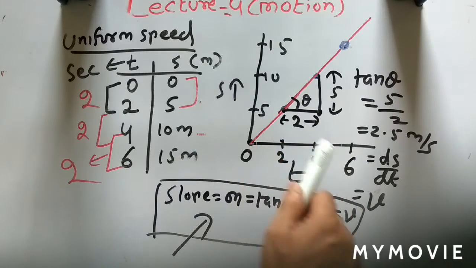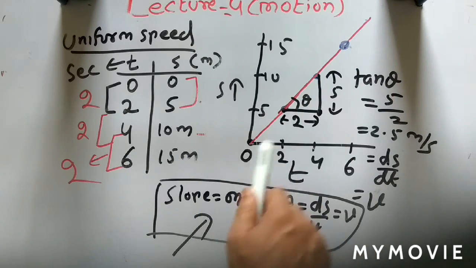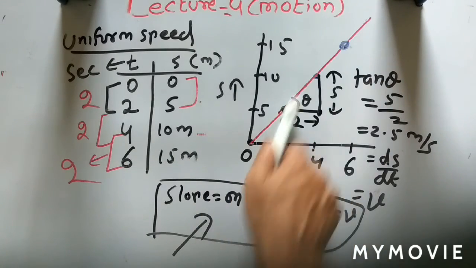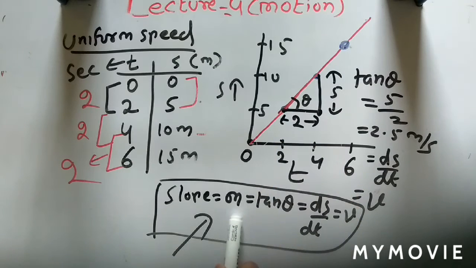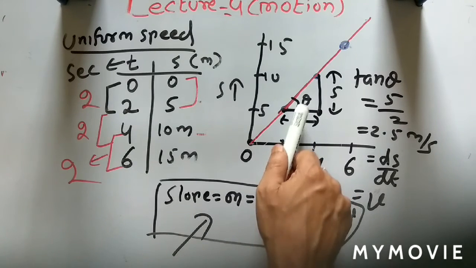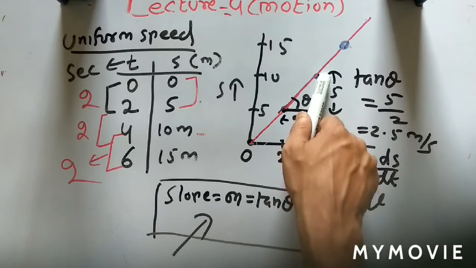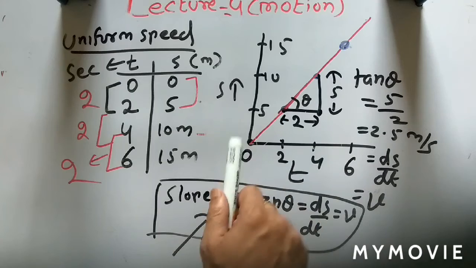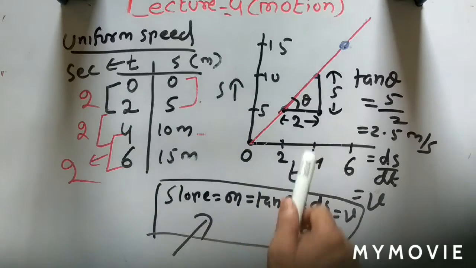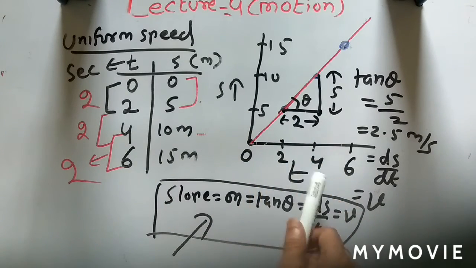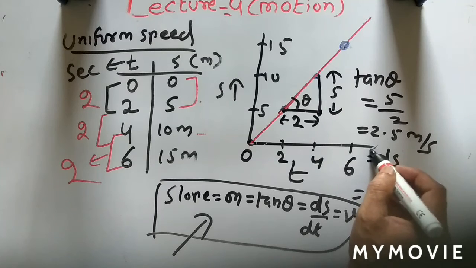So this is the distance-time characteristic. Measure the slope of this line. That slope will give the speed, because slope is nothing but tan theta, and tan theta is nothing but P by B. P is the perpendicular axis value, which we have taken as distance, and in the horizontal axis we have taken time.